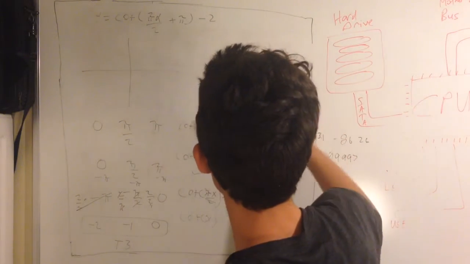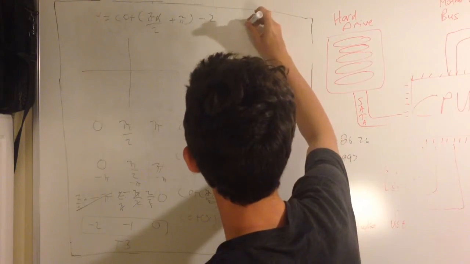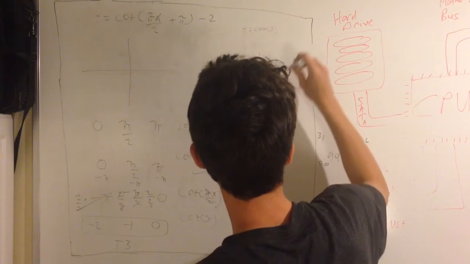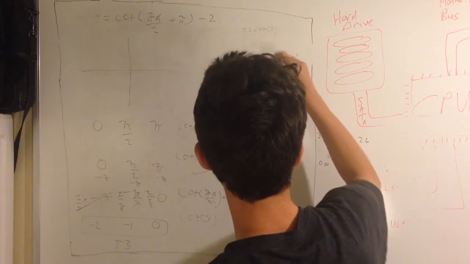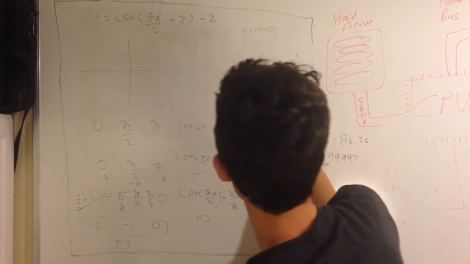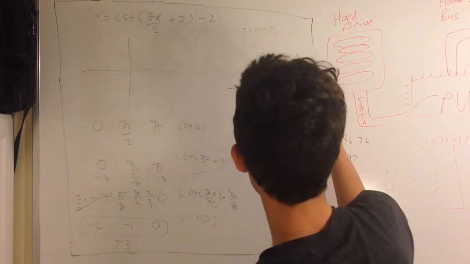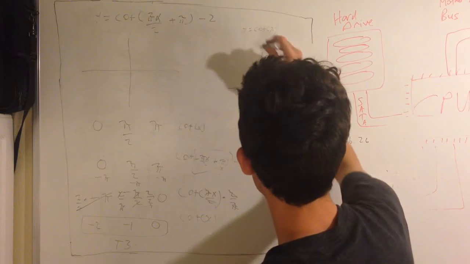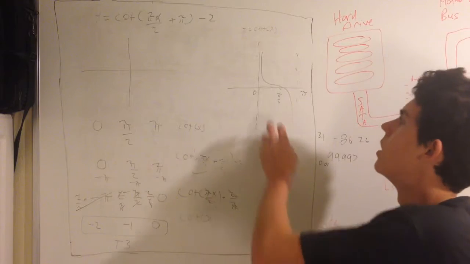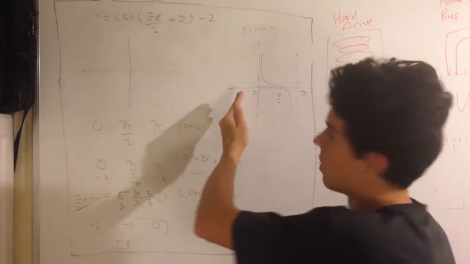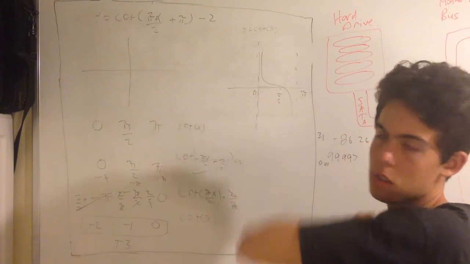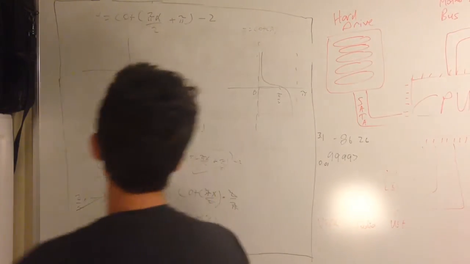Now, if you recall from just y equals cotangent x, here's what our graph looked like. And if we remember, when you travel farther to the left, you increase, and if you travel farther to the right, you decrease your y value.